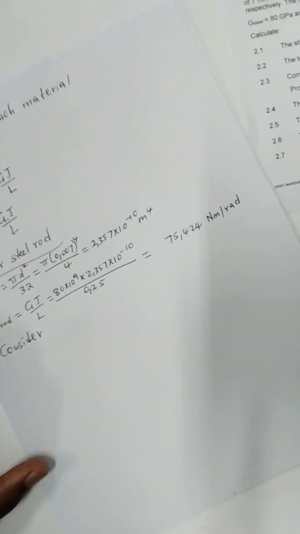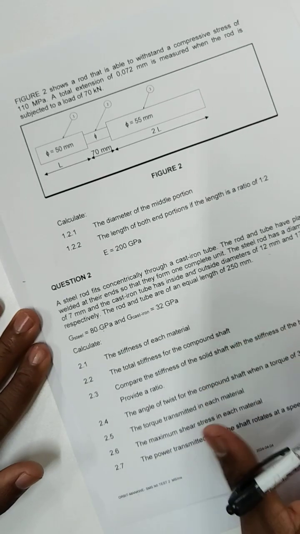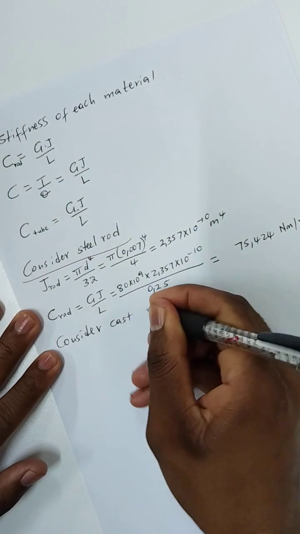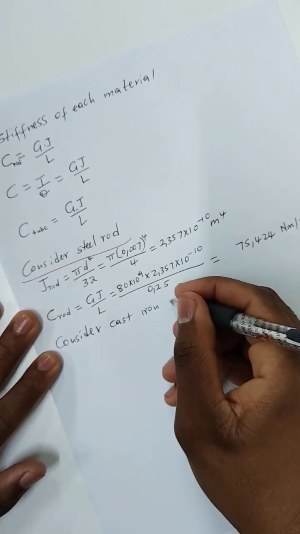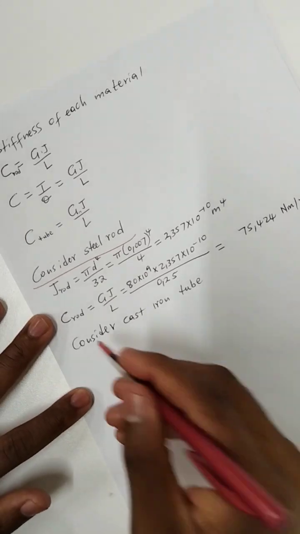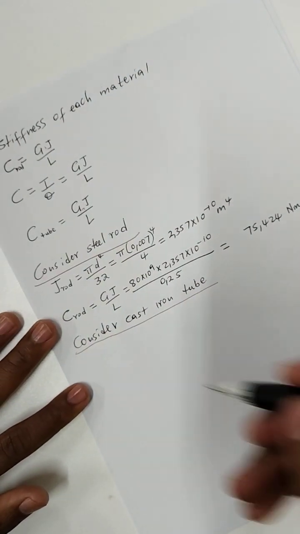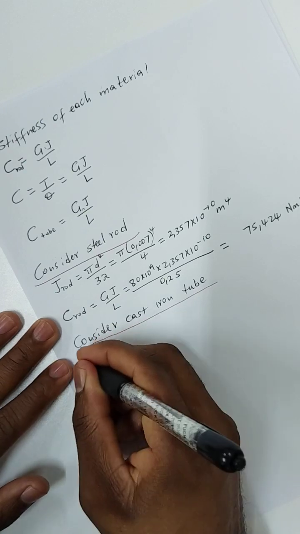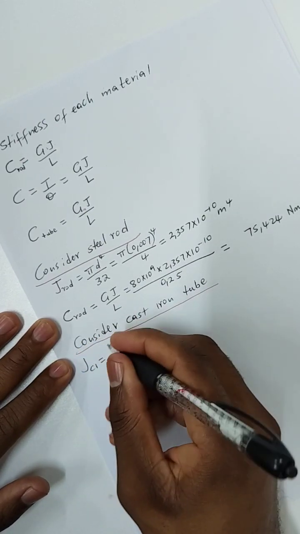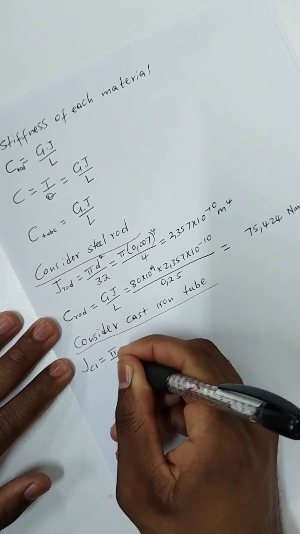Then now let's consider the tube. What did they say? They said cast iron tube. So let's consider the cast iron tube. You do the same thing, J for cast iron. Remember, this one is a tube now. In other words, it's hollow.